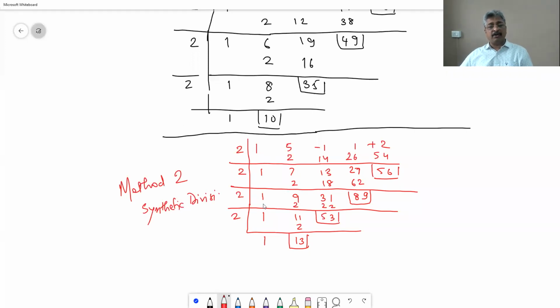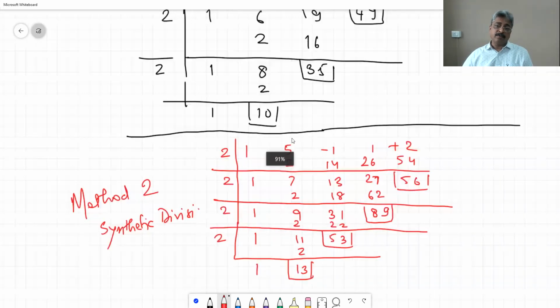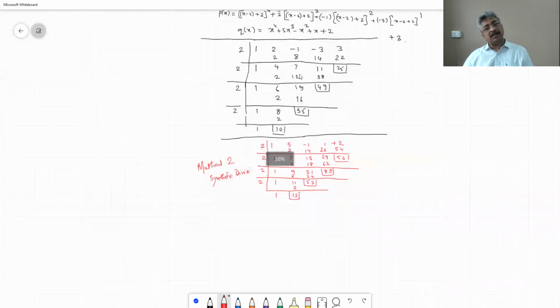If you think a little bit, you will come to know why this is working, because of the obvious thing that you are taking x minus 2 common. Maybe we can write it this way. Why is this method, synthetic division, working?